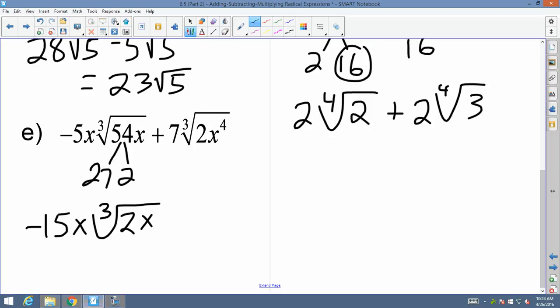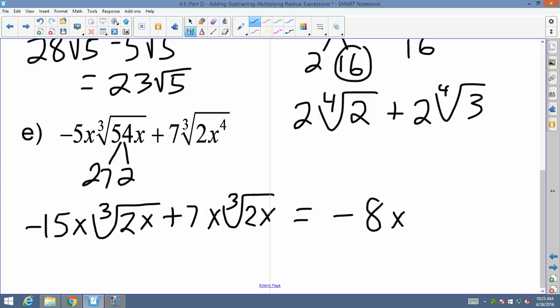I've got 7 cube root of 2x to the 4th. I cannot take out a 2 because it's just 2. But I can take out an x, right? So I've got plus 7x cube root of 2x. So now what's negative 15x cube root of 2x plus 7x cube root of 2x? Negative 8x cube root of 2x.